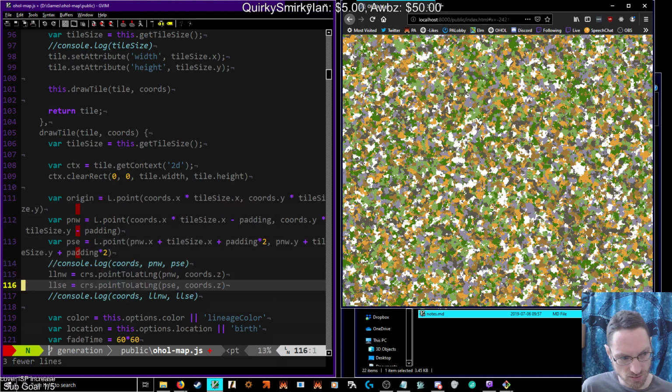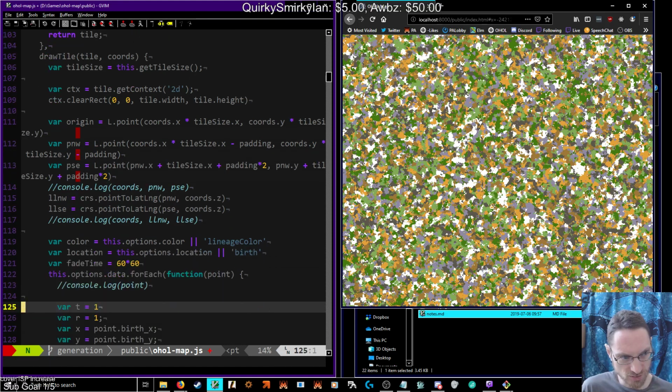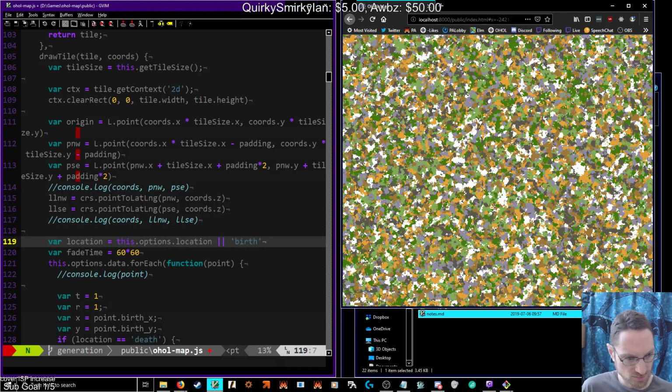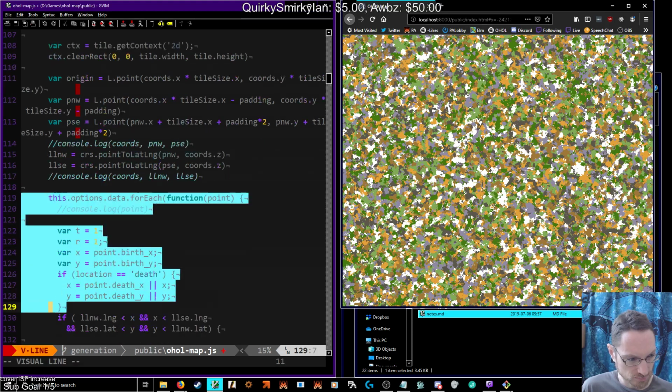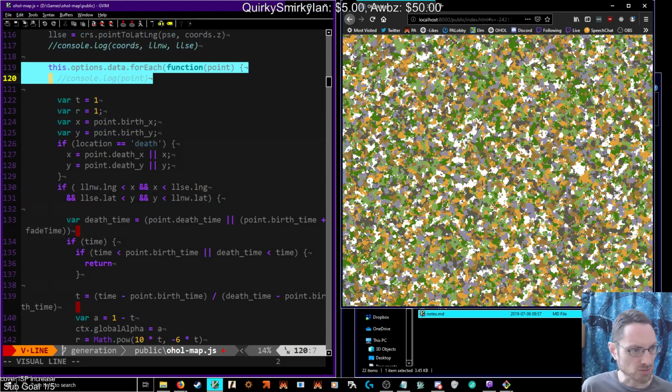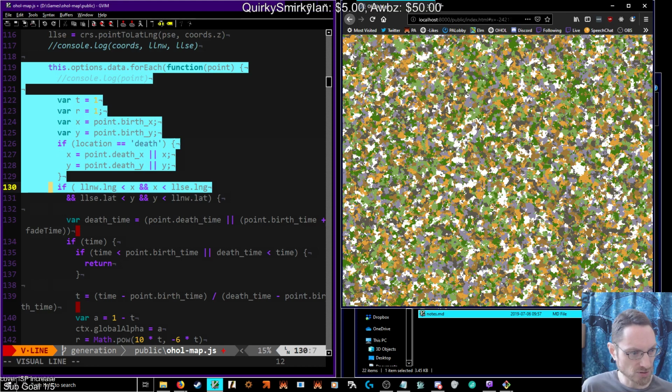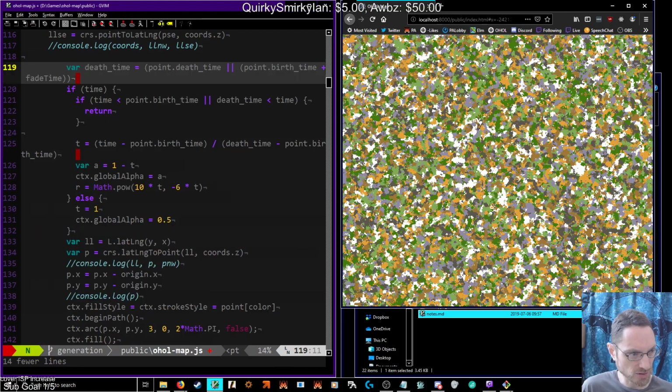We are going to need some of these coordinates to know what our world coordinates is. Let's see, do we have any other coordinate translation stuff? No, it's just we've got our lat, our long.